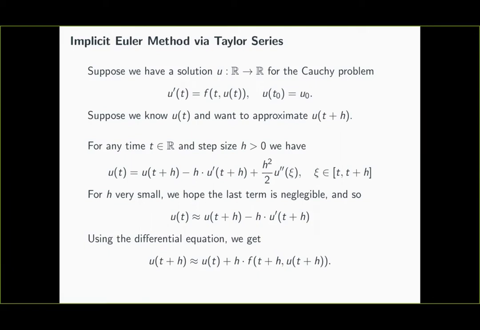Okay, now, similar as before, we can do some algebraic manipulations and plug in the right-hand side of the differential equation in order to get rid of u prime. And so again, we get the approximate relation u of t plus h is roughly the same as u of t plus h times f of t plus h, u of t plus h.